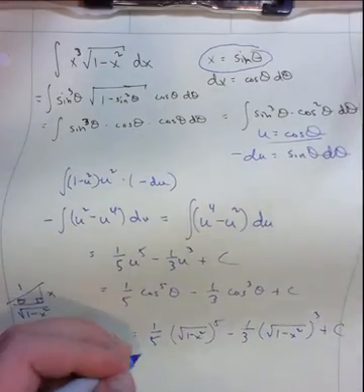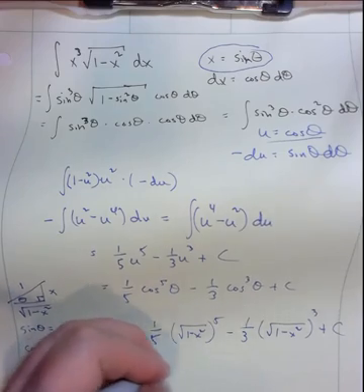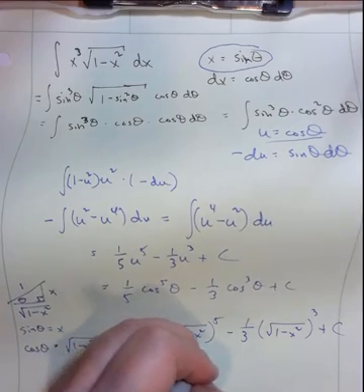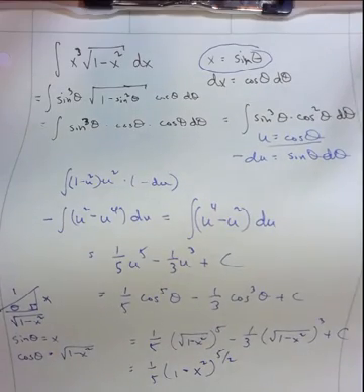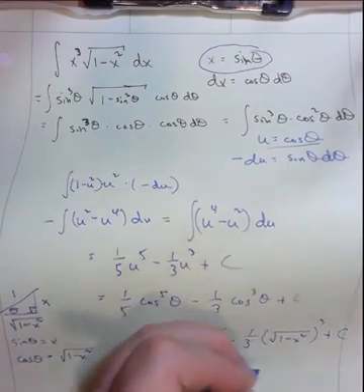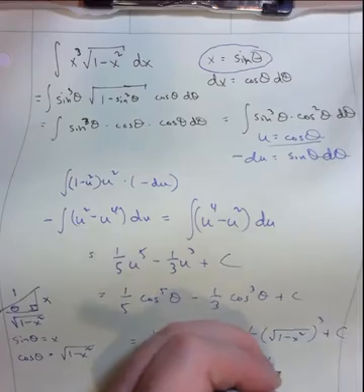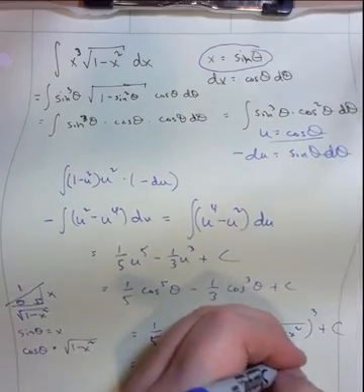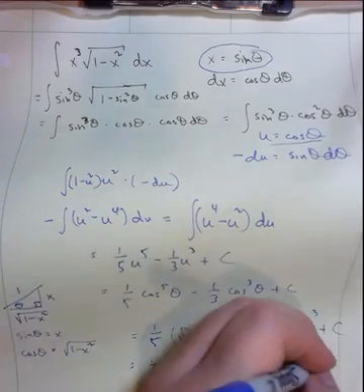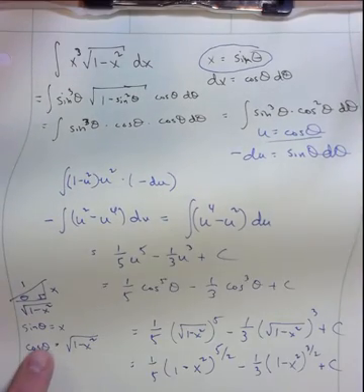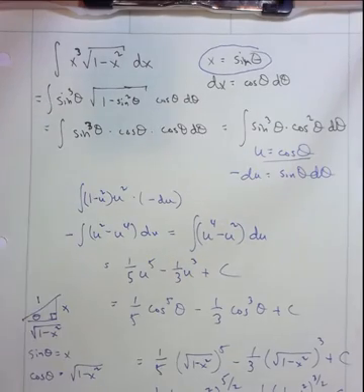Squish this up a bit. So there's an exponent of 5/2 on the 1 minus x squared. A fractional exponent of 3/2 in the next term. And then we're done. This is trigonometric substitution.